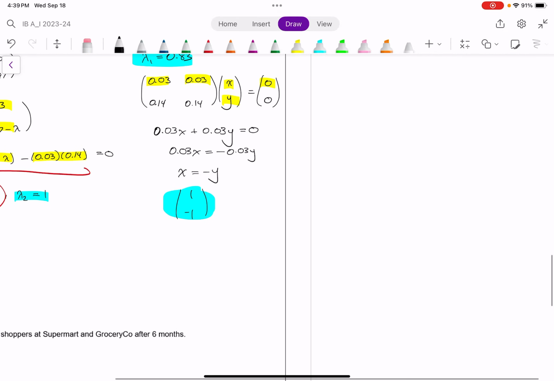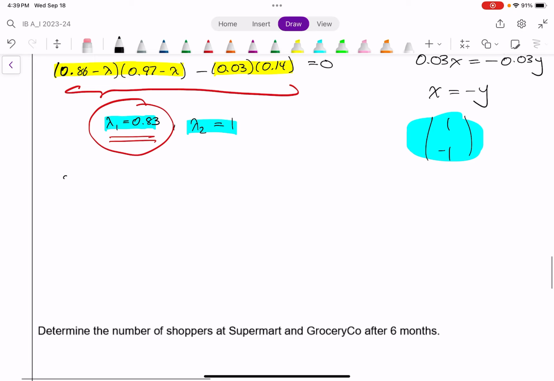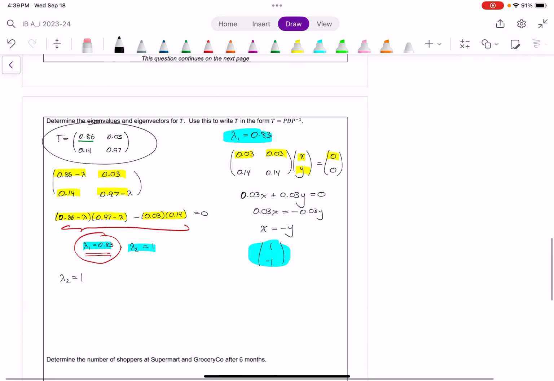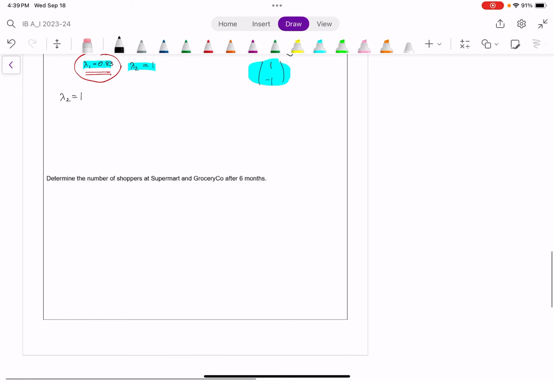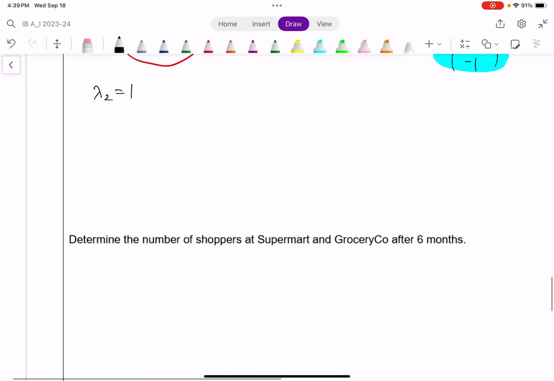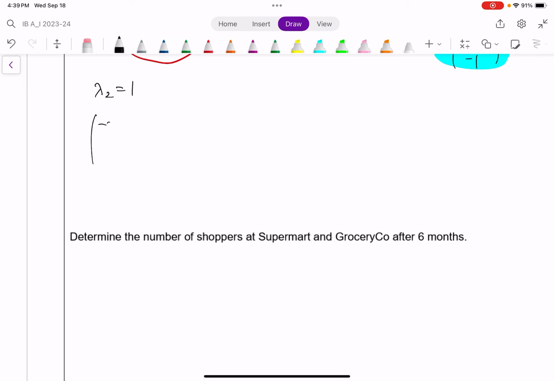Same idea. I need to take this and subtract 1 times an identity matrix, which is to subtract an identity matrix from it. And so I should pretty quickly get to this, negative 0.14, and so on.